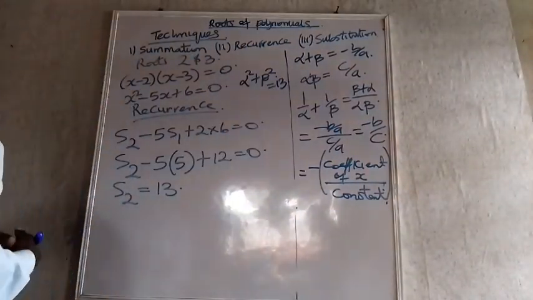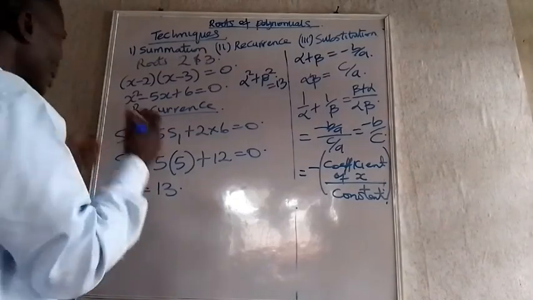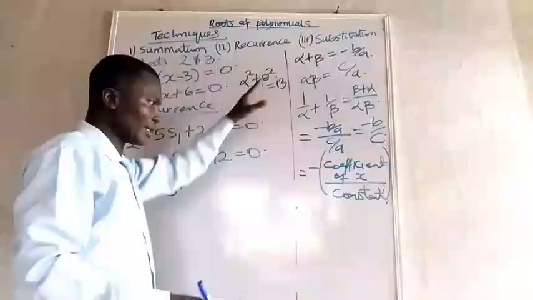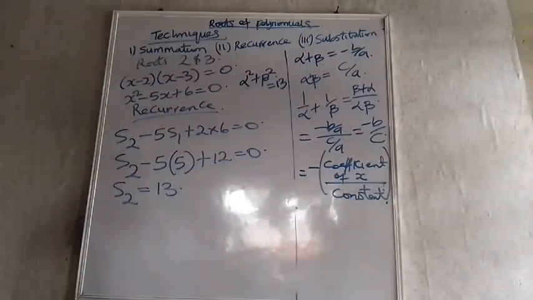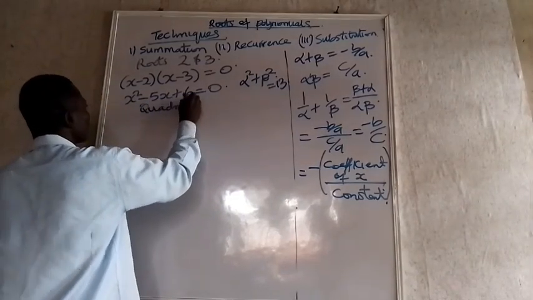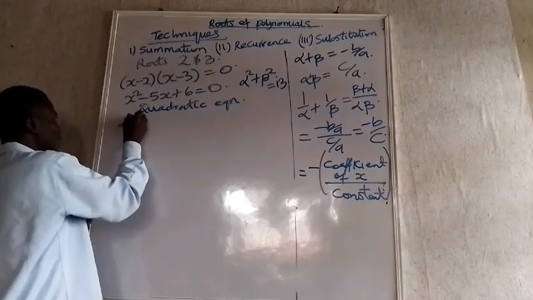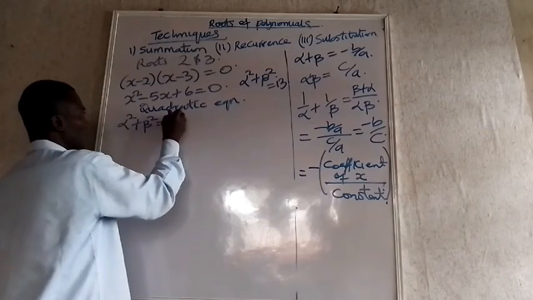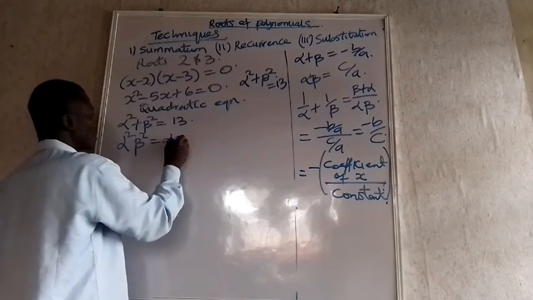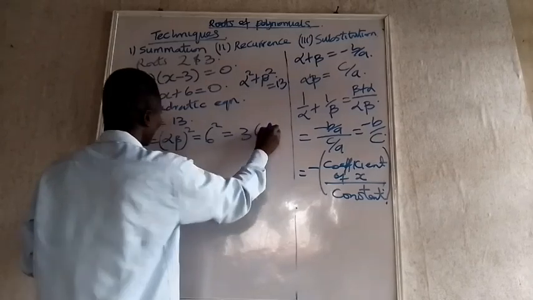Now, let us use all the techniques to form an equation with the roots alpha squared and beta squared. Let's see how it goes. From summation, we have established that alpha squared plus beta squared is equal to 13, and alpha squared beta squared is equal to (alpha beta) all squared, which is 6 squared, that is 36.